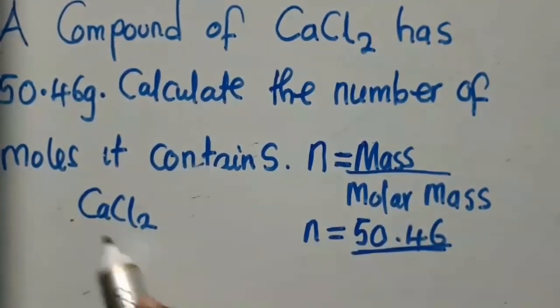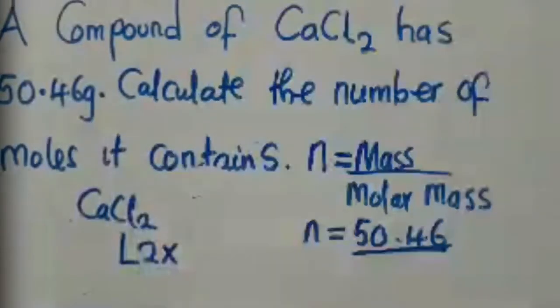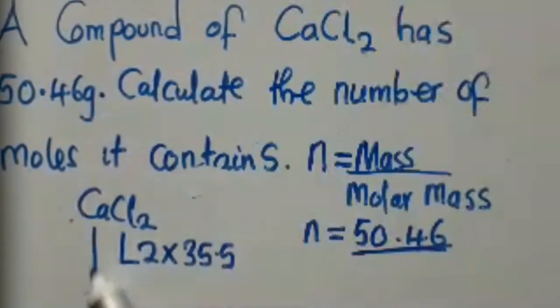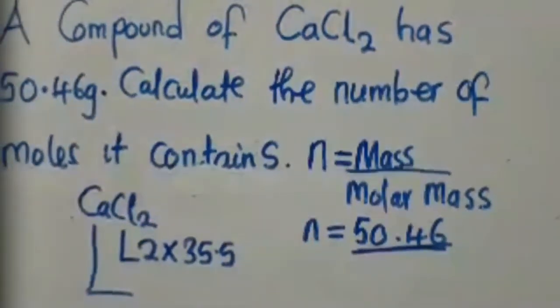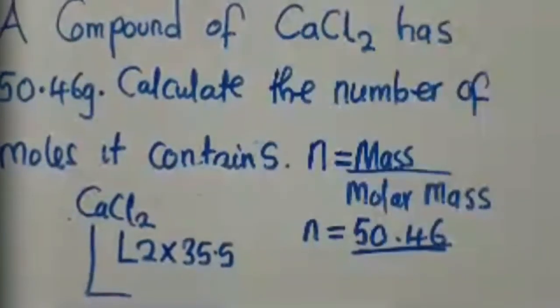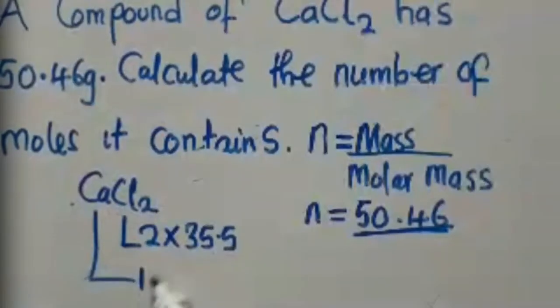So you get a 2 there times, what is the mass number for chlorine? 35.5. For calcium, what is the mass number for calcium? How many atoms? 1. Times the mass number for calcium, which is 40.